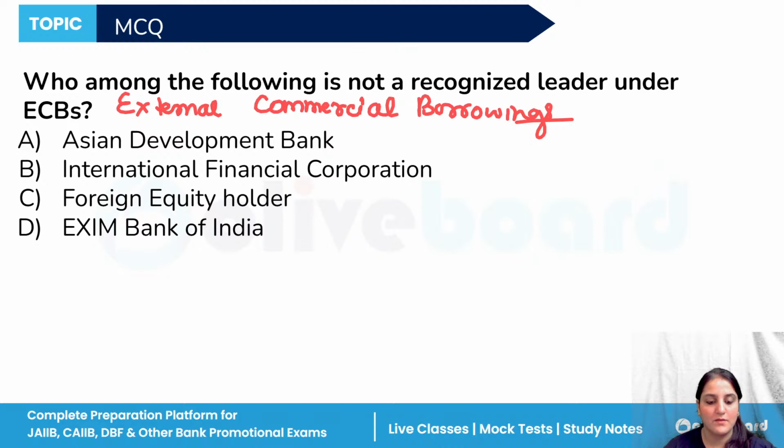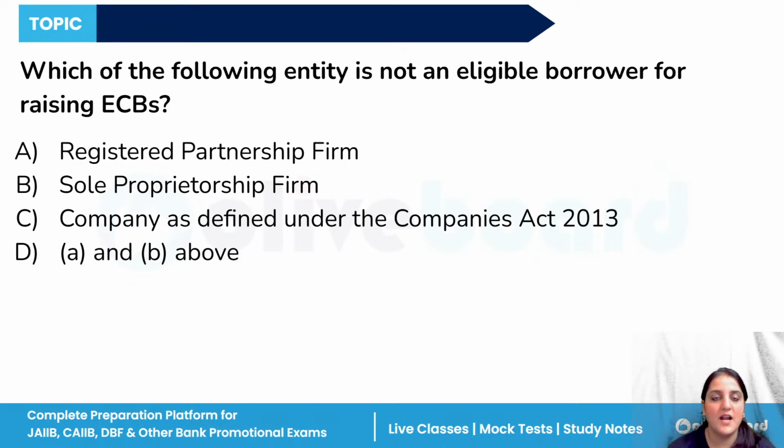So which among the following is not recognized as a lender under ECBs? That is Exim Bank of India, Export Import Bank of India, because it provides financial assistance for international trade. So we can say this is the correct answer. Understood?